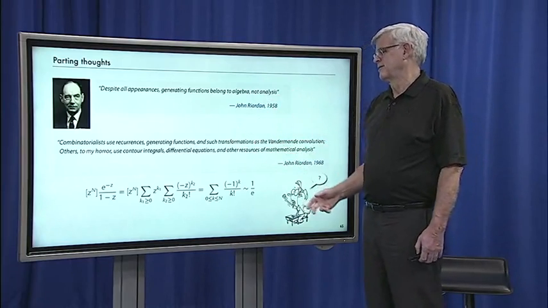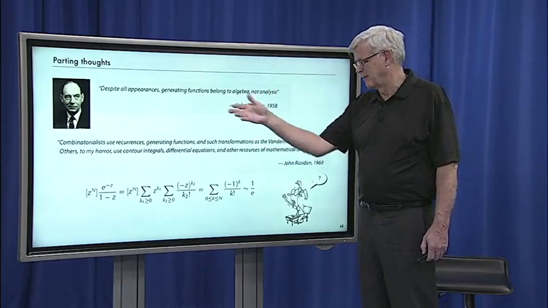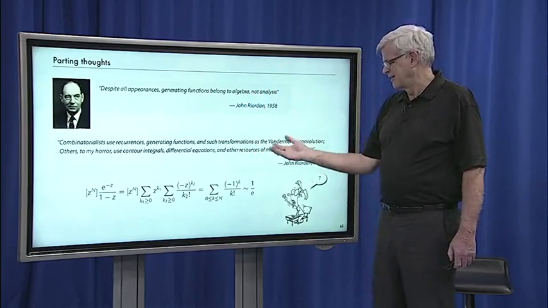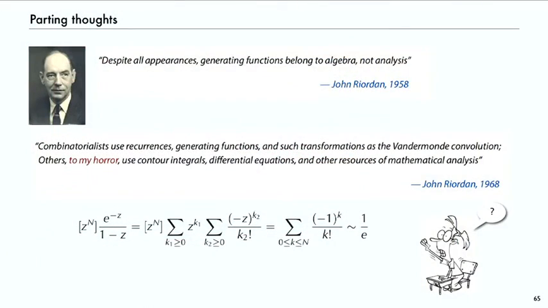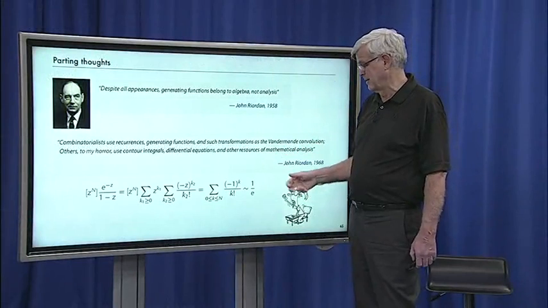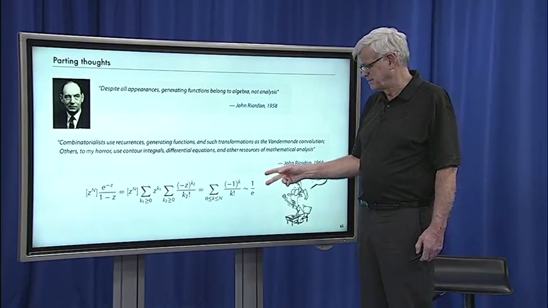Even for derangements, if you're looking for the coefficient of z to the n in e to the minus z over 1 minus z, you have to do a convolution. And you have to do some reasoning with that convolution to get to the asymptotic result, 1 over e. I can remember first learning these kinds of manipulations and being a little mystified by how really we get to 1 over e, particularly since it's such an accurate result.